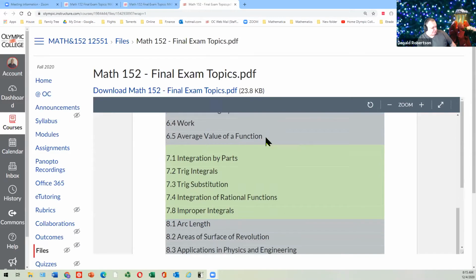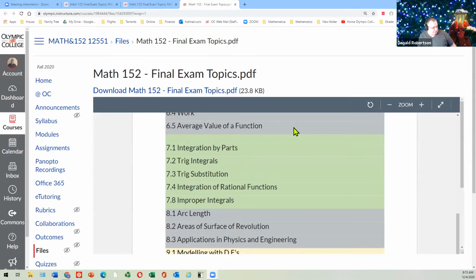And then the next section is really technique. Integration by parts, trig integrals, you know, sine cubed cos theta, that kind of situation. Trig substitution, that's x subs.